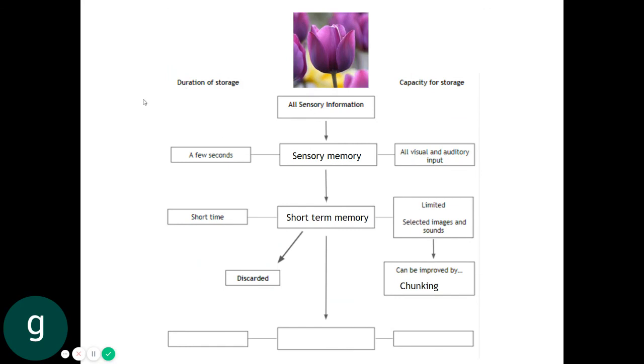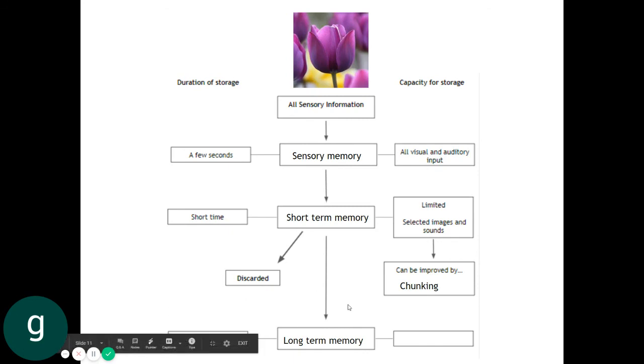This is an overall summary of what we've looked at. We talked about sensory memory, how that encodes all the information that we see, but actually not for very long. Some of that, a limited amount, is put into the short-term memory, but only for, again, a very short time. The information from the short-term memory that is not encoded into long-term memory is discarded. More information can be encoded through chunking.